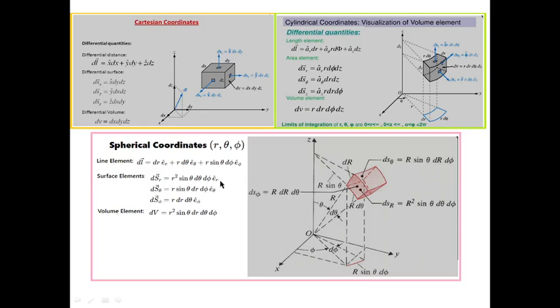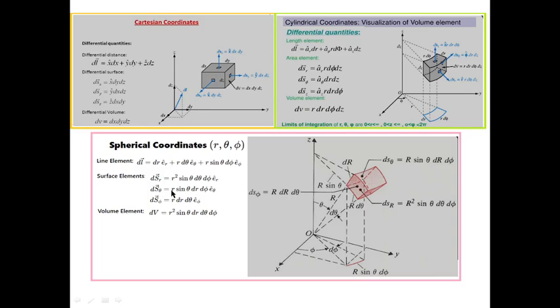Similarly, this surface is along the theta direction. This direction is dr, and this length is r sin theta d phi. So dr r sin theta d phi. This side is positive and the other side will be negative, so there will be a plus minus sign.